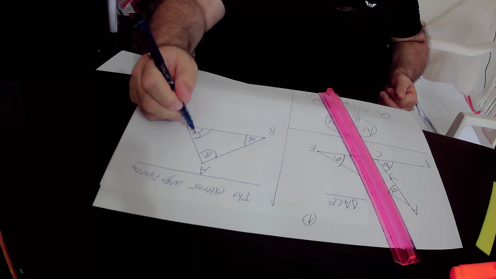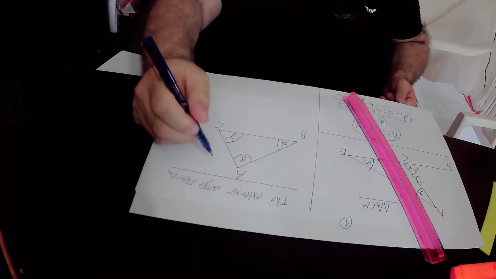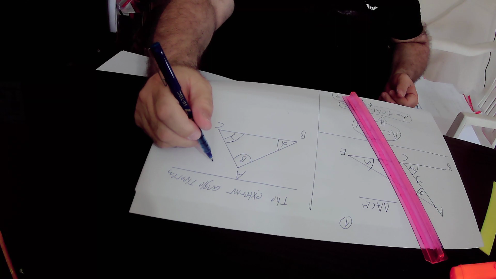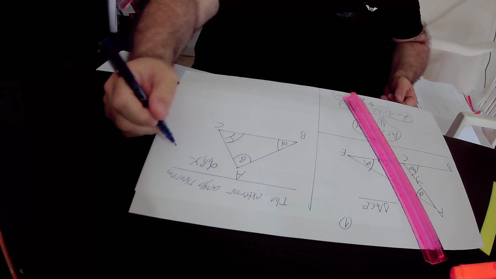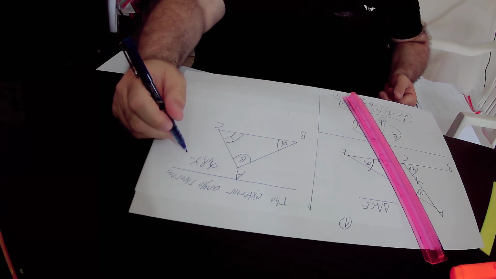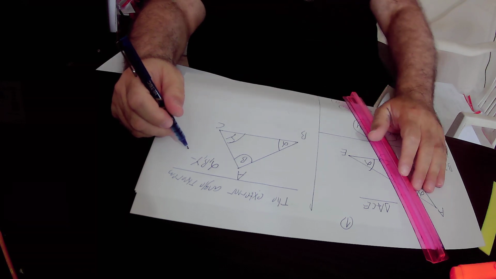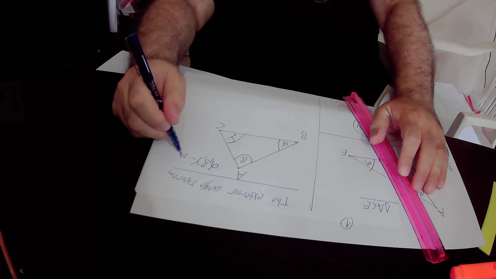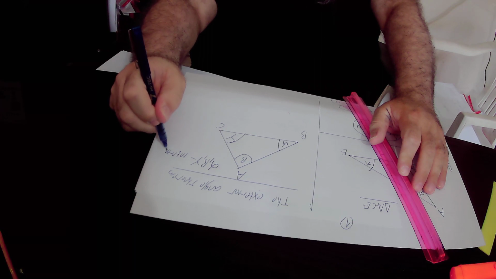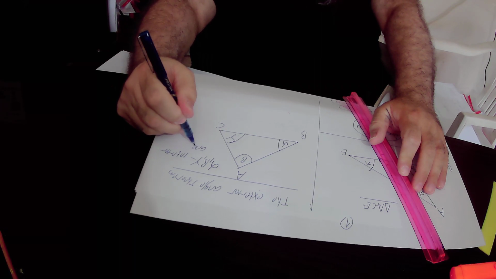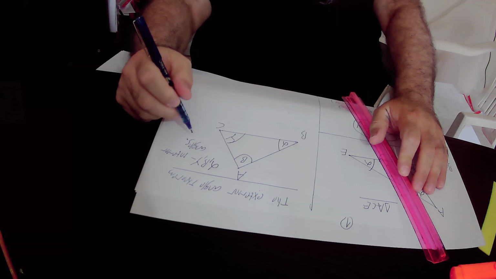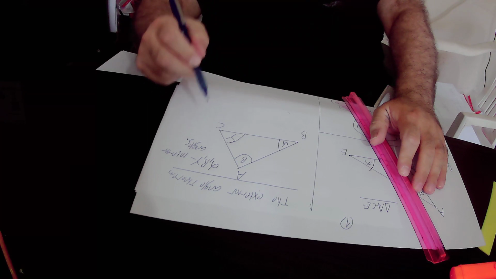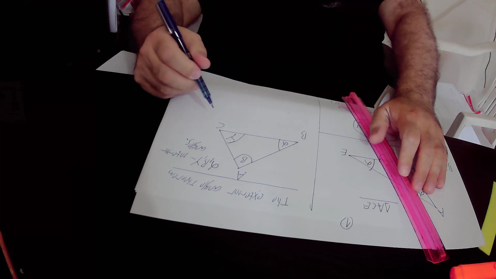Those three angles that are inside triangle ABC are defined as interior angles. Angles alpha, beta, and gamma are defined as interior angles of triangle ABC.